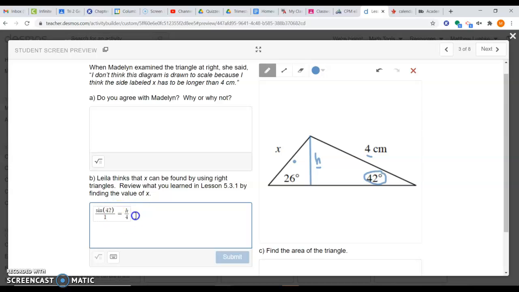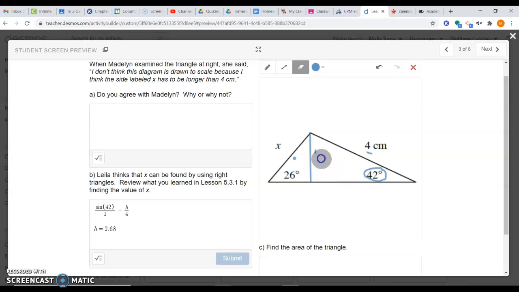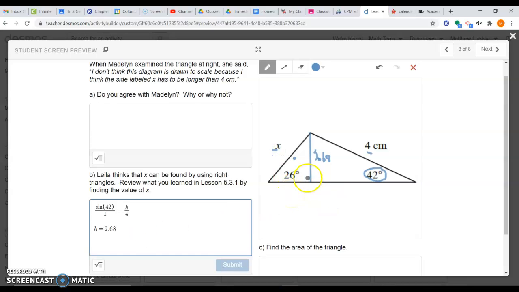Now I put this over 1. I can cross multiply and solve here, and I believe I get H equals about 2.68, approximately. So now that I know H is 2.68, I can then use my left triangle here, the triangle on the left, to solve for X. Again, I'm going to use trigonometry here. I have my angle 26, the 2.68 is my opposite, and X is my hypotenuse.